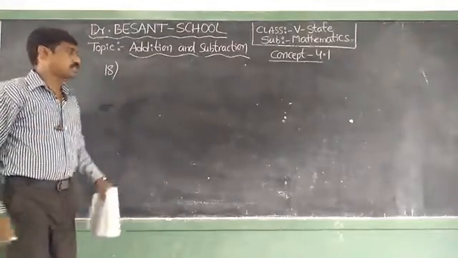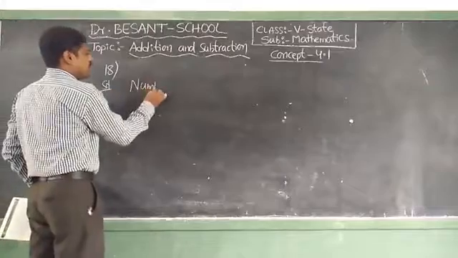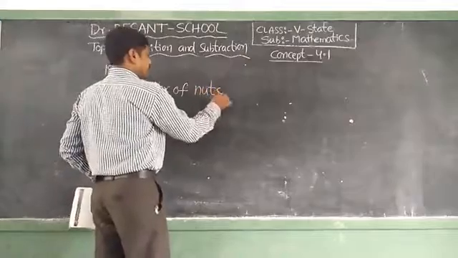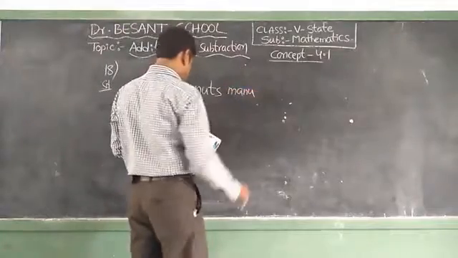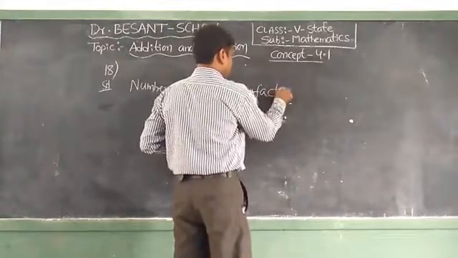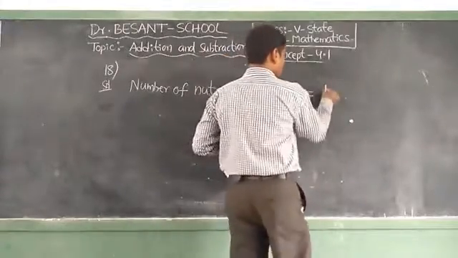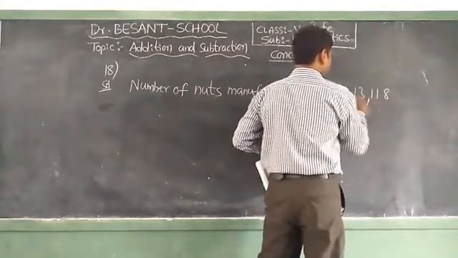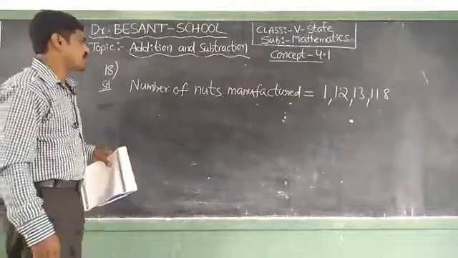Okay, number of nuts, number of bolts. Nuts manufactured, so that is equal to 1 crore 12 lakh 13,118 nuts.